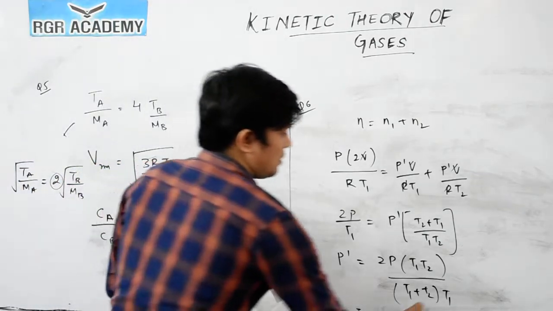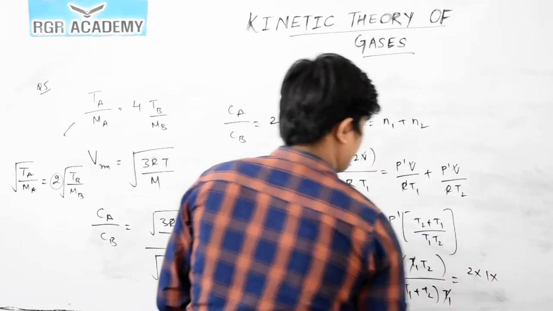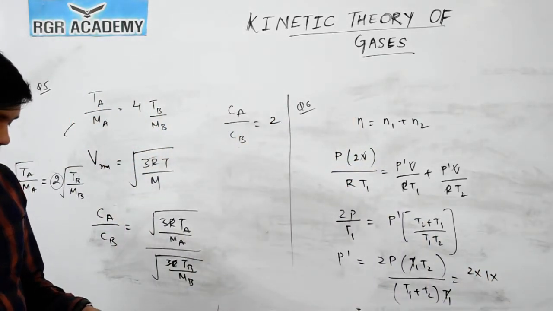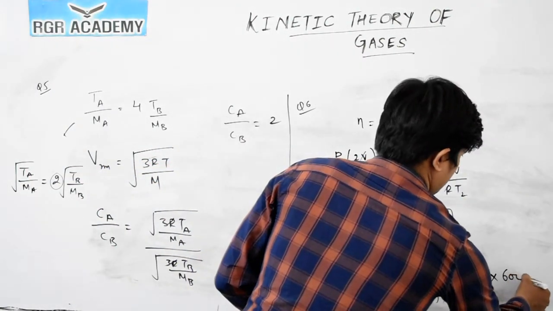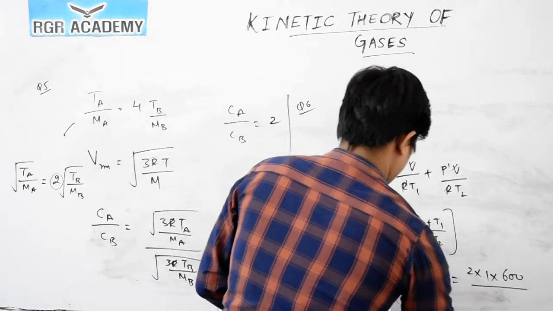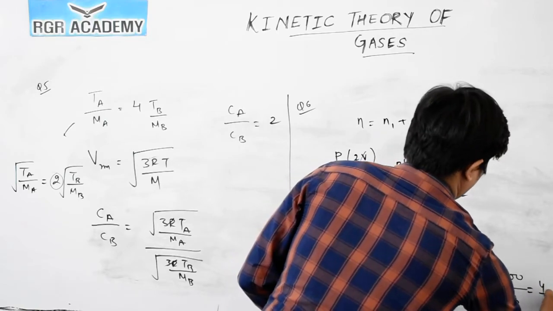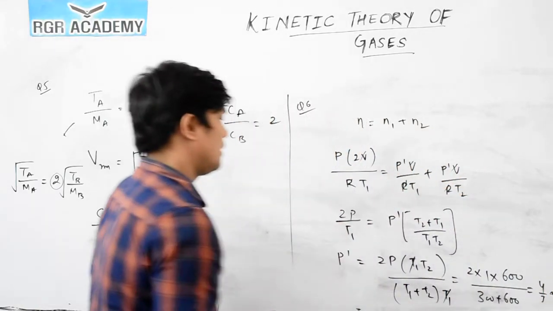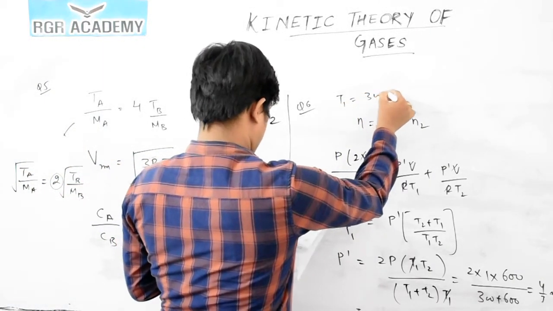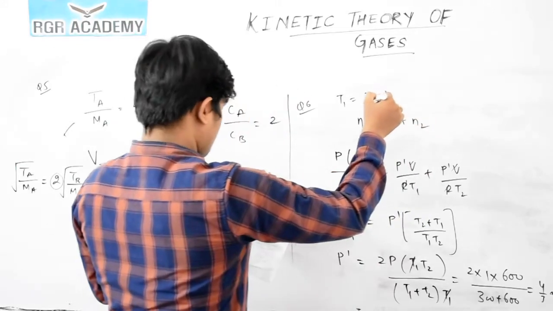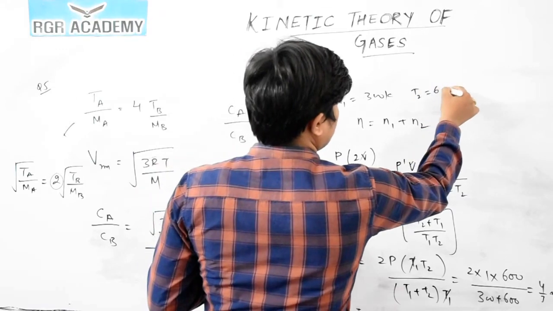T1 will cancel out, so it will be equal to 2 into P, which is 1 atmosphere, initially the pressure is given as 1 atmosphere, into T2 which is 600, divided by 300 plus 600, so it will be equal to 4 by 3 atmosphere. Clear? T1 is equal to 300 Kelvin and T2 will be equal to 600 Kelvin.